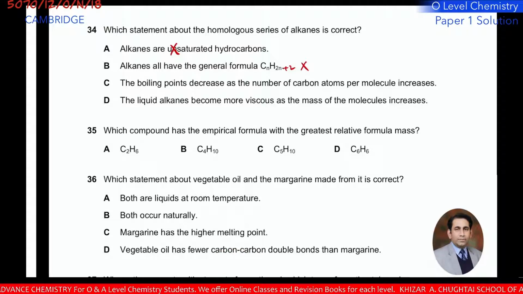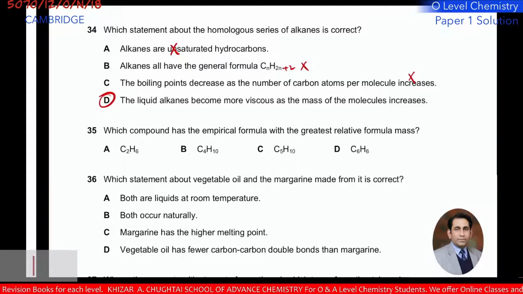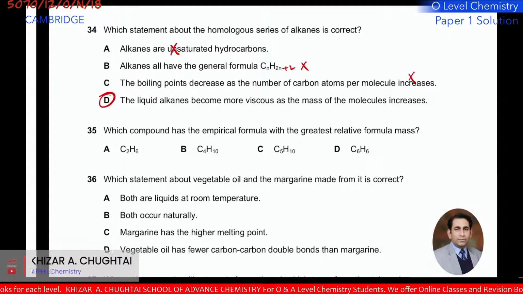No. Melting point and boiling point increase as the number of carbon atoms increases. So the last one is the correct option. Liquid alkanes become more viscous as the mass increases, yes, it is true. The alkanes become more viscous as we move down the homologous series, as the number of carbon atoms increases.